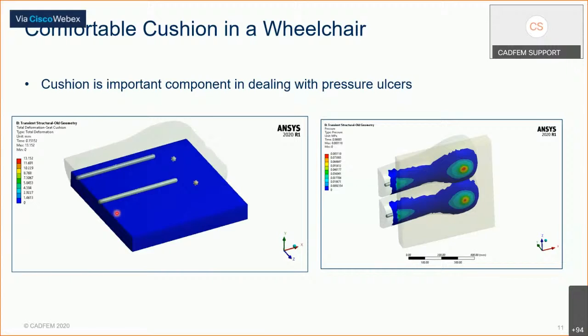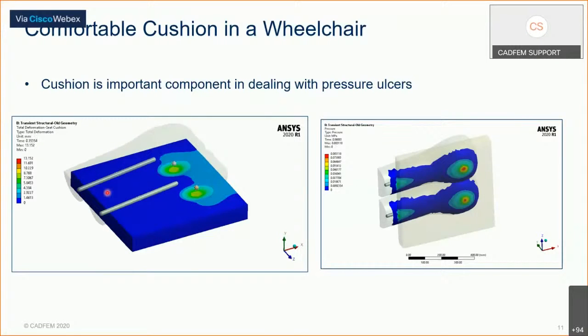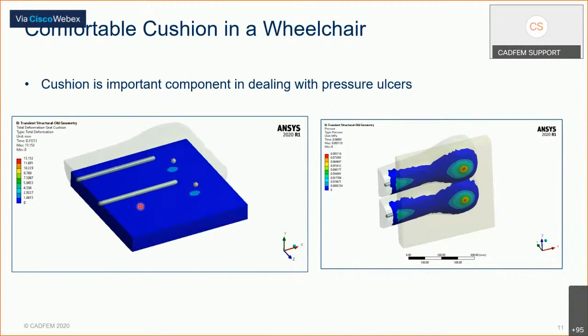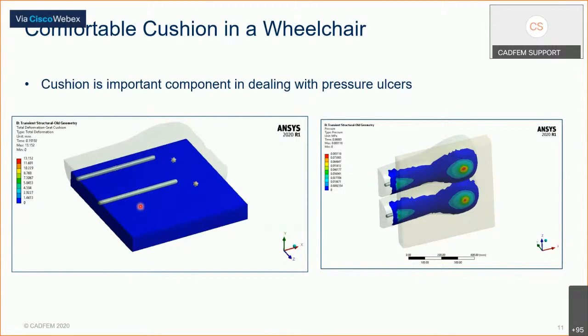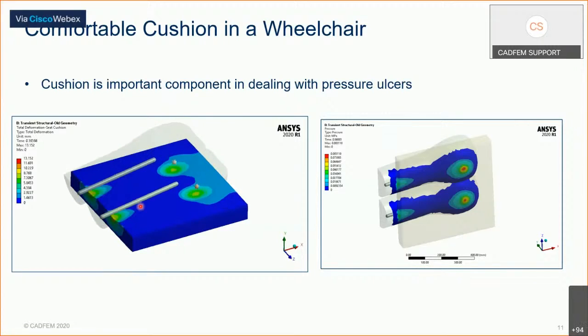Modeling the cushion is not similar to any other metal or material, because cushions are hyperelastic, like a rubber material, a highly non-linear material, like foam. In order to model different kinds of materials, we have material modeling inside ANSYS itself, like hyperelasticity, viscoelasticity, and viscoplasticity.